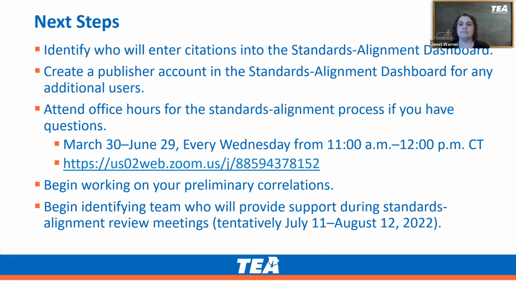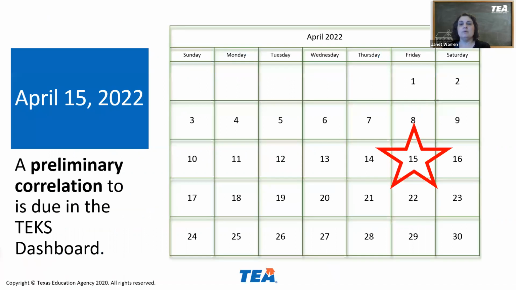with the recording. You will begin to work on your preliminary correlations, and then you'll begin identifying the team who will provide support during the standards alignment review. Your preliminary correlation is due on April 15th.